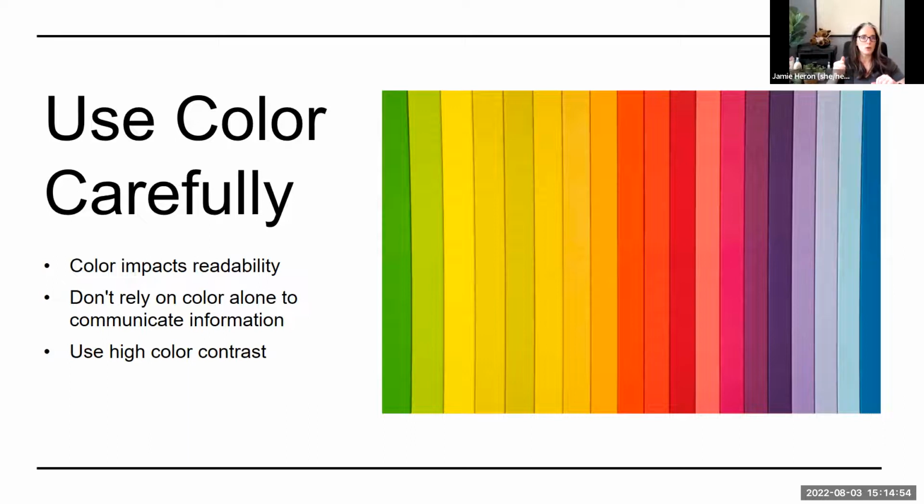So we want to make sure that we're not relying on color alone to communicate something. So for example, if you have the word syllabus in bright red so that it pops off the page, an individual with color blindness won't see that red syllabus word. What they'll see is gray, because they see red and green as tones of gray, depending on the tone of that particular red or green.